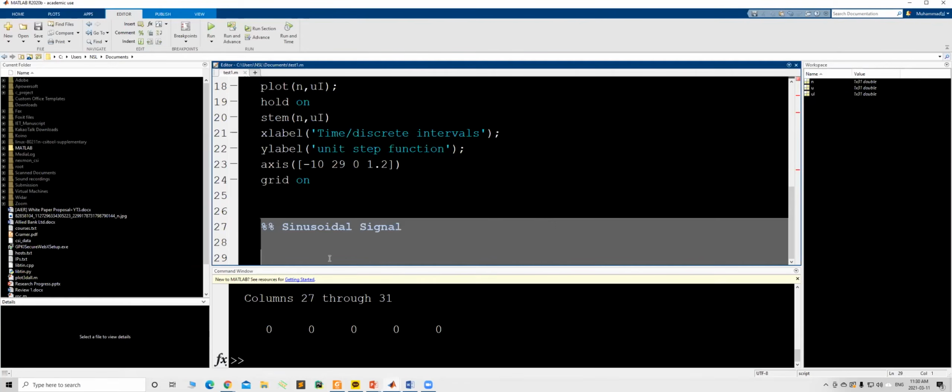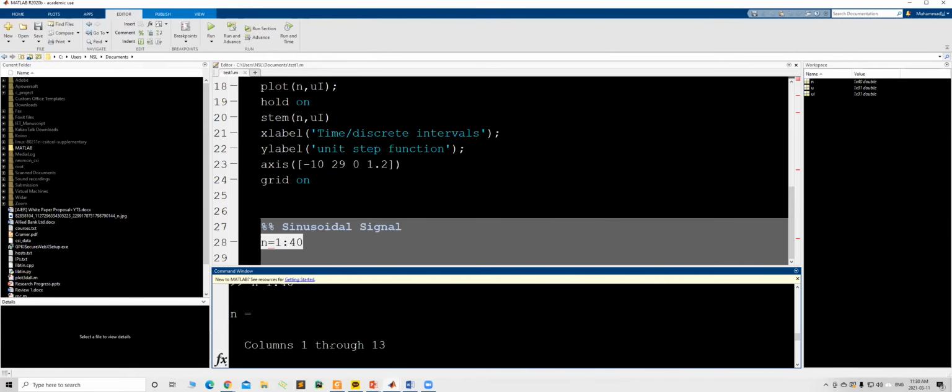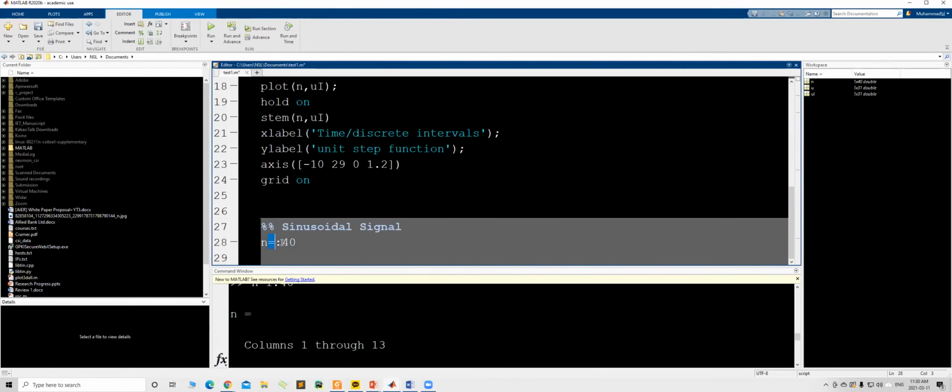Okay, so let's say I am starting with the interval, which is the discrete interval, and it is equal to 40. Sorry. So my discrete intervals are ranging from 1 and it is going up to 40 like this. And instead of 1, I will start it from 0.